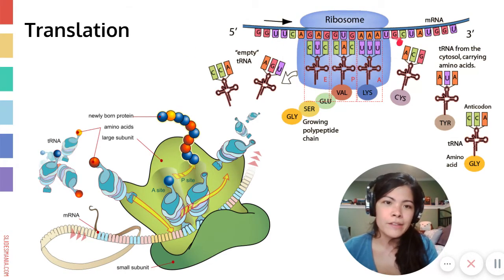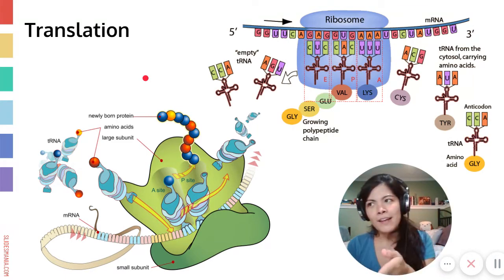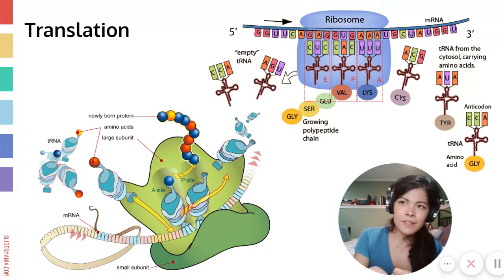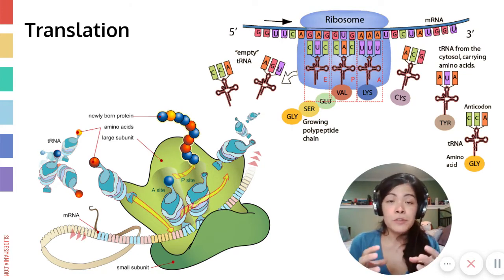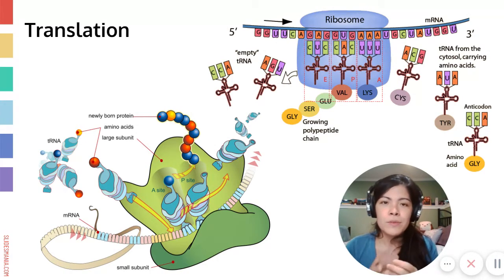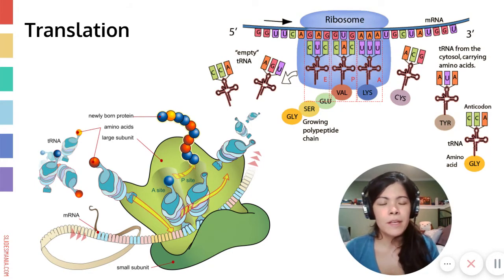If there's only 4 letters, we would only be able to say there's 4 amino acids, right? Like A calls for this amino acid, T calls for this amino acid, C calls for this amino acid. So we need to combine letters into words to be able to get more variety in the kinds of amino acids that we can call for. So that's what these codons do. They allow us to have variety and use all of our 21 different kinds of amino acids.